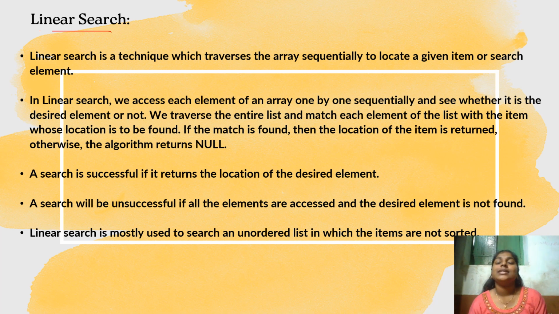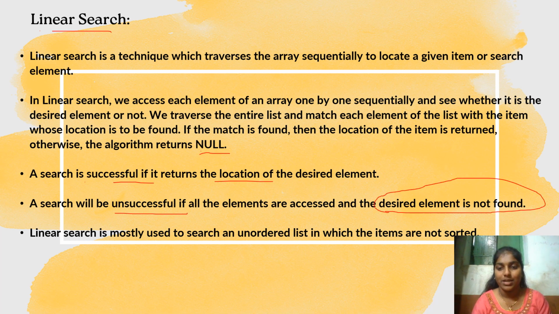If the desired element is not present there, then it returns null. So as I have said, if the search is successful, it returns the location, and if the search is unsuccessful, it says that the desired element is not found.